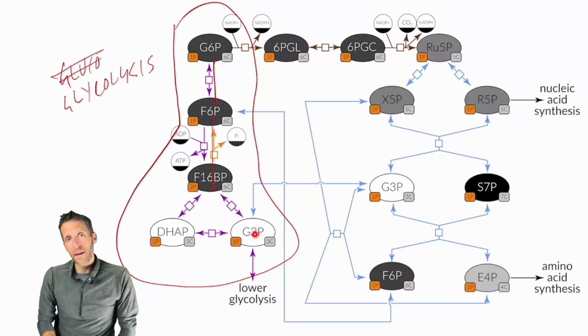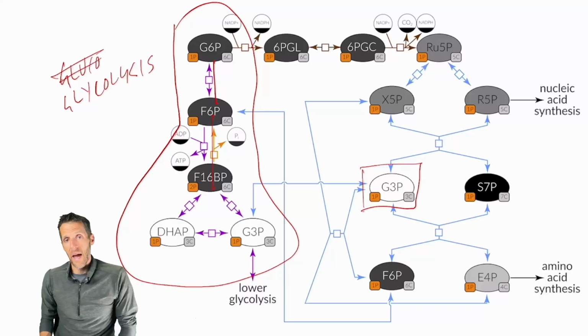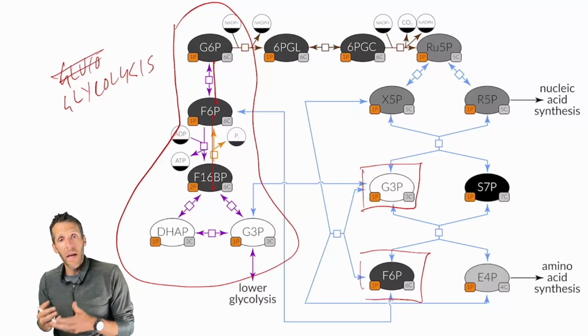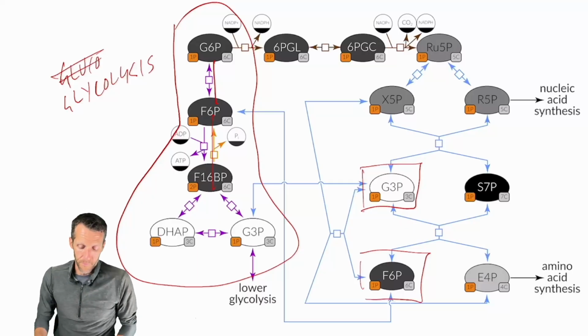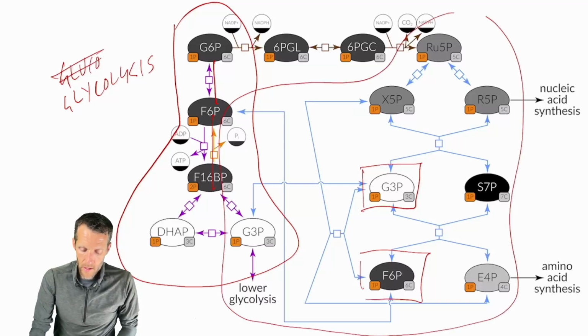The reason that we're putting this in this description of the pentose phosphate pathway is you'll notice the pentose phosphate pathway actually has G3P and fructose 6-phosphate as part of it. So these are participating in both glycolysis and in the pentose phosphate network. This network here, which I'm showing in blue, is the non-oxidative part.